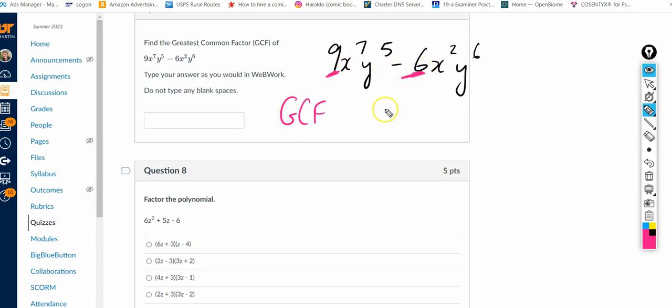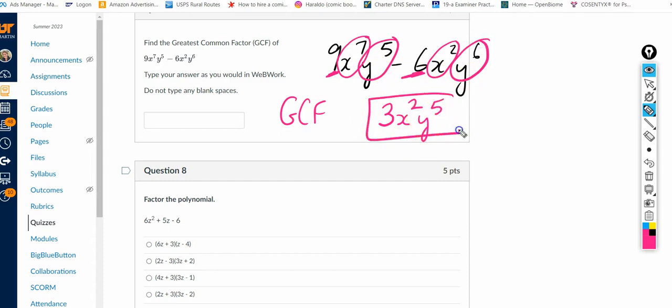And the most they have in common is a 3. All right, now what about the x terms? Well, the most they have in common is x squared. And finally, what about the y terms? The most they have in common is y to the 5th. And that is our GCF, our greatest common factor.